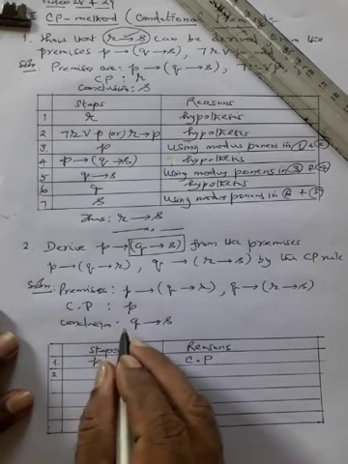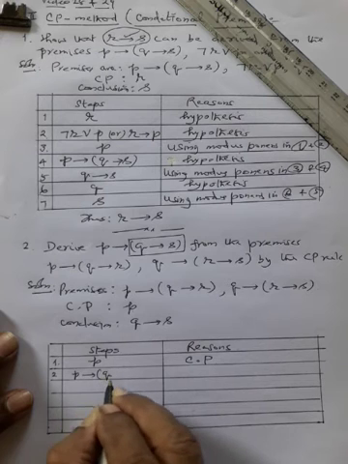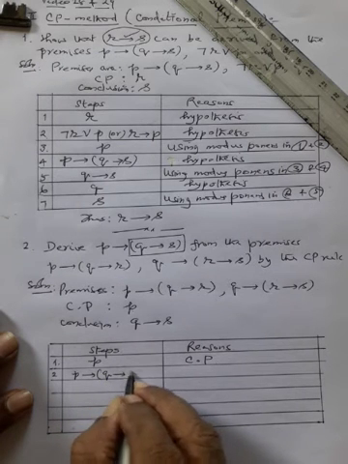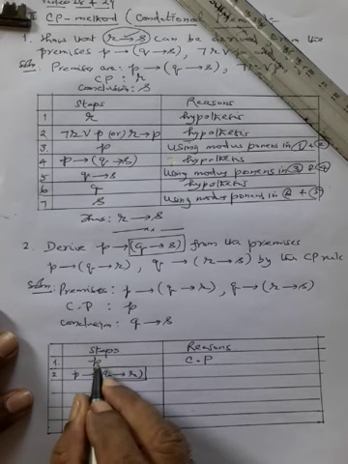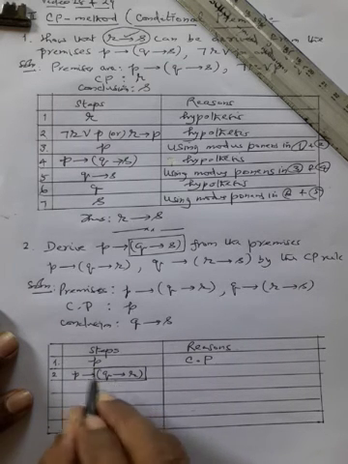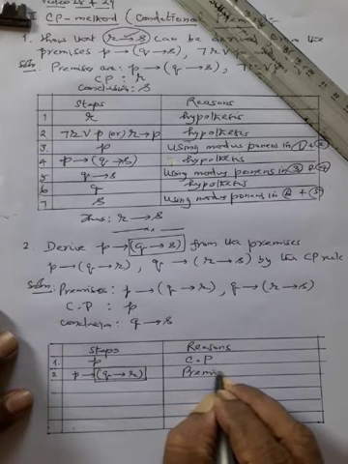And then the second one, P involved here, that is P conditional (Q conditional R). This is a single thing. If P then Q, P is there, therefore this is also a premise.